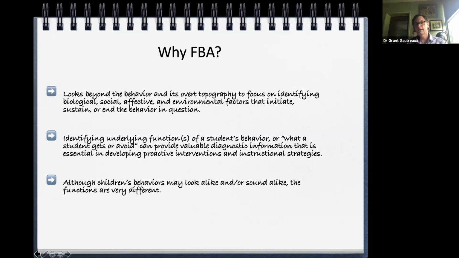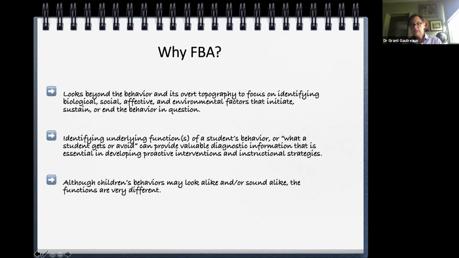So what we're looking at is the function, what the individual gets out of those consequences, whether that means they're obtaining something, receiving reinforcement, or able to escape or avoid something. Regardless, the source is always attached to reinforcement, because without reinforcement, you wouldn't see the behavior to start off with.